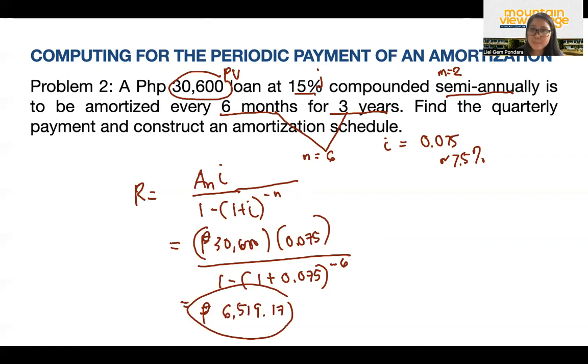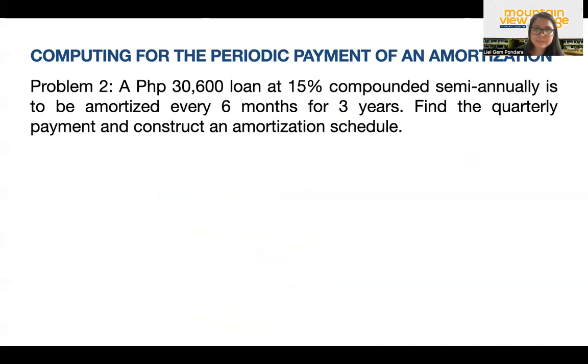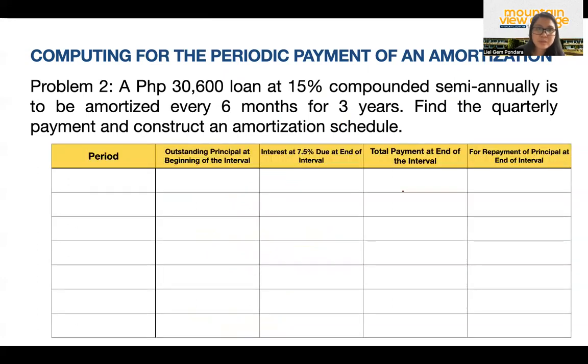Now let's make an amortization schedule. Remember that one? Let me write our R here: 6,519.17. Okay, let's have the period. There are 6, right? Our N is 6. So 1, 2, 3, 4, 5, 6.